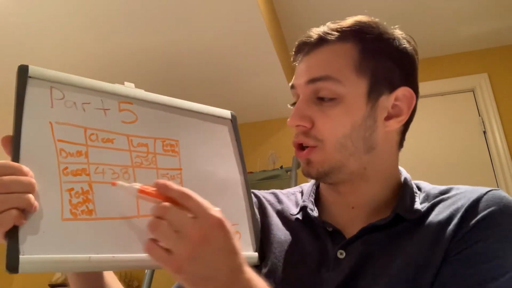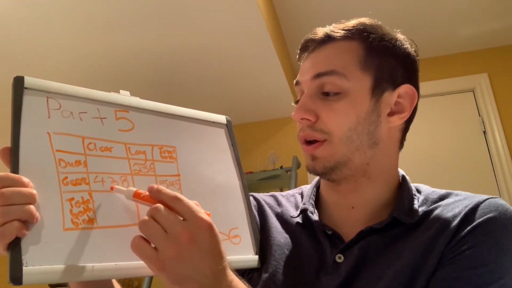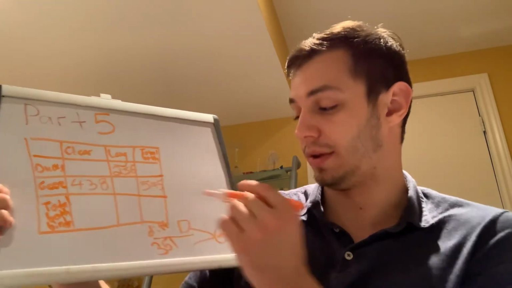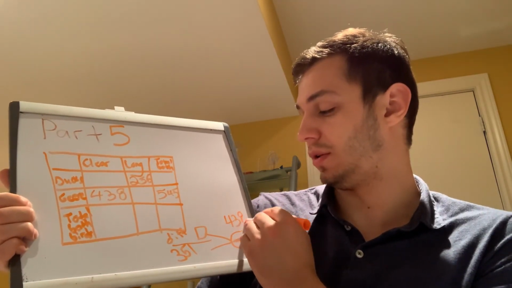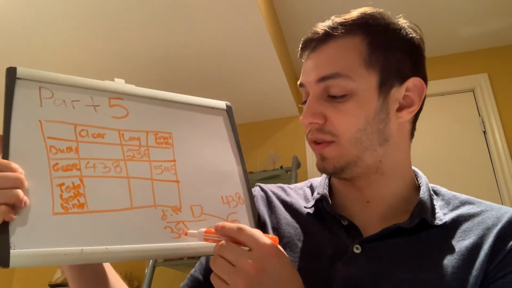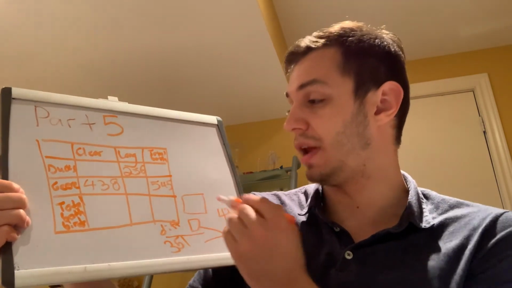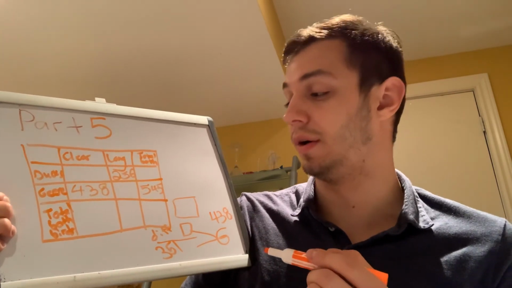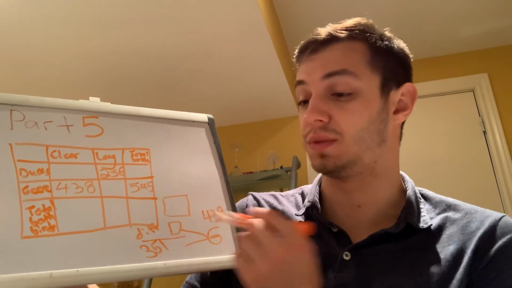If we look at our chart, we know how many geese there were on Clear Lake. There were 438. So geese will be 438 on Clear Lake. We know that there's a difference of 351. So what we need to find out is how many ducks were on Clear Lake. This is our big number, this is our small number, we're looking for a small number.